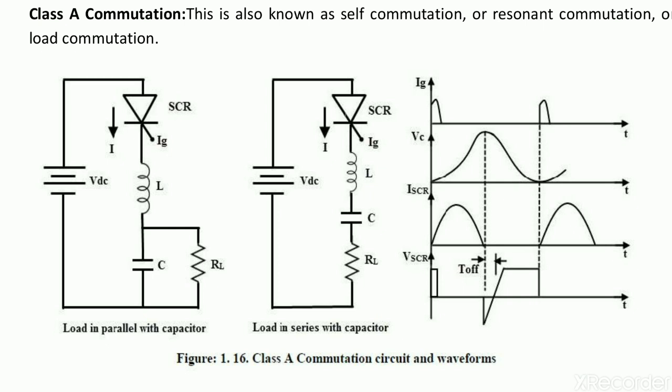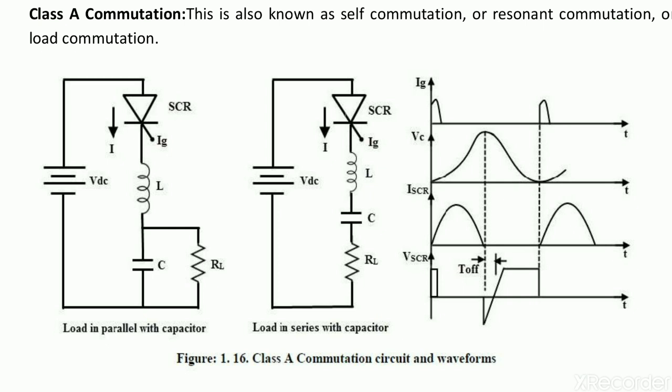Then the capacitor discharges through the load resistance RL, to make the circuit ready for the next cycle. The time for switching off the SCR depends on the resonant frequency, which further depends on the components L and C.